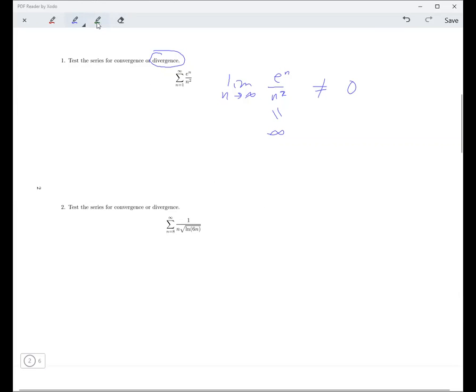Okay, so number 2, this one right here. For this one, it's an integral test. If you take the integral, we can go from 8 to infinity. On this one, would you not want to use the root test? The root test won't work.